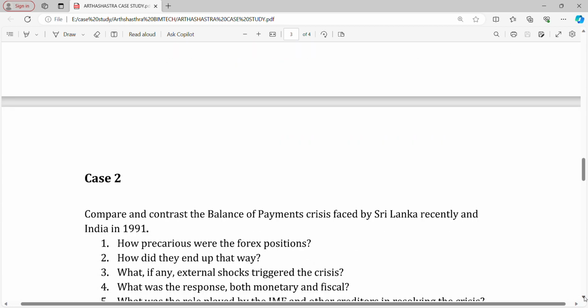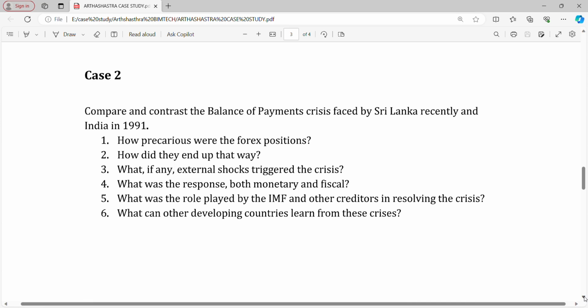Then the second case. Again, comparison. So the scenario goes like this. Compare and contrast the balance of payment crisis faced by Sri Lanka recently and India in 1991. So the majority of you will be familiar with this, right?